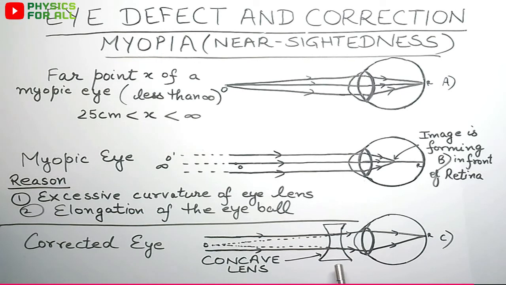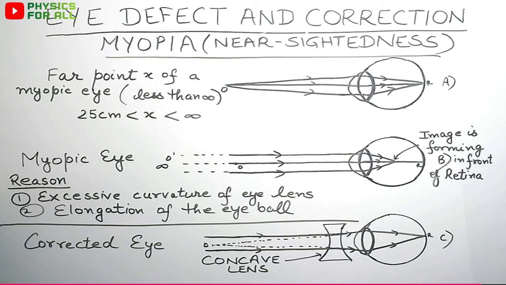If we had used a convex lens here, then we would have worsened the whole situation, because a convex lens would produce further converging rays, and if those converging rays fall upon our convex lens, then it would produce the image at even shorter distances, which we don't want. We want to increase the focal length.